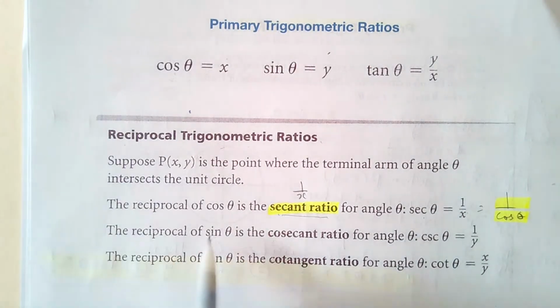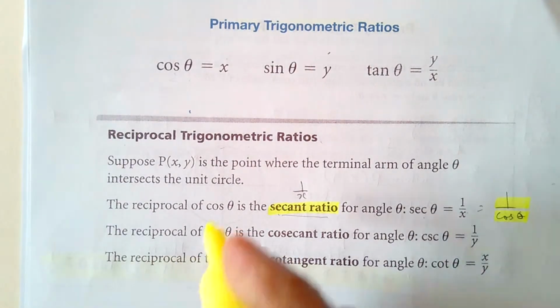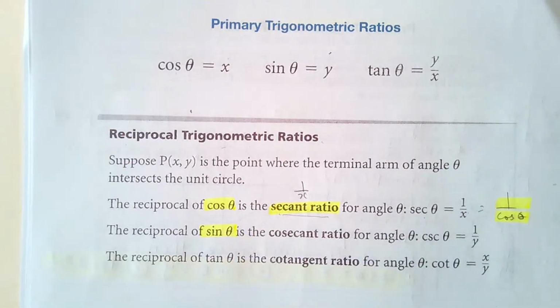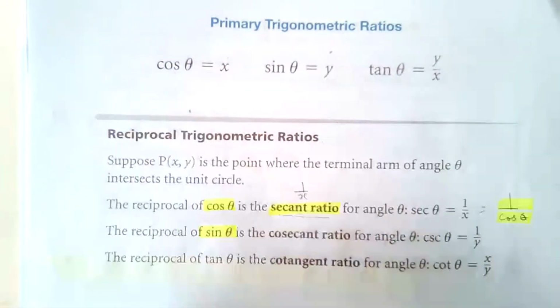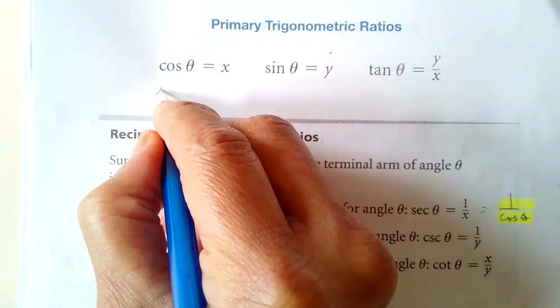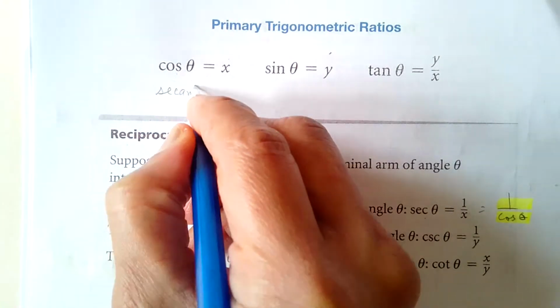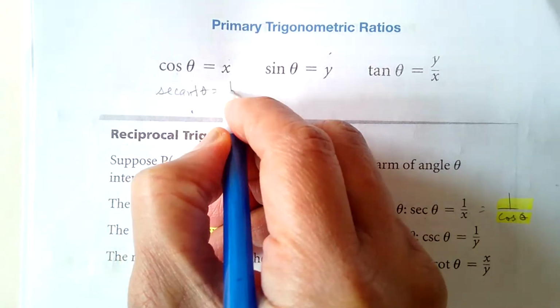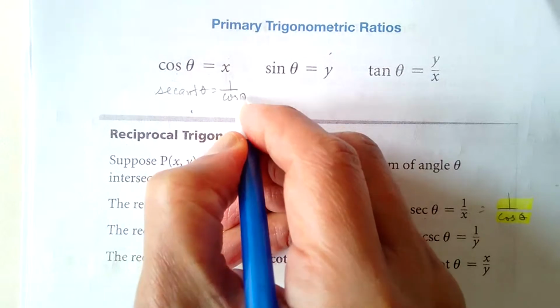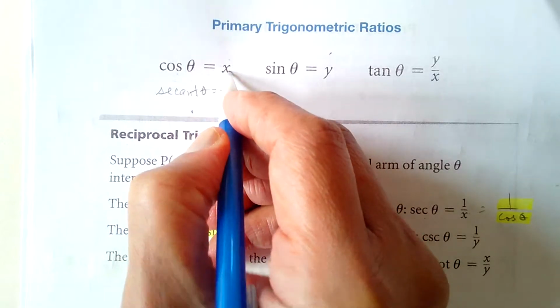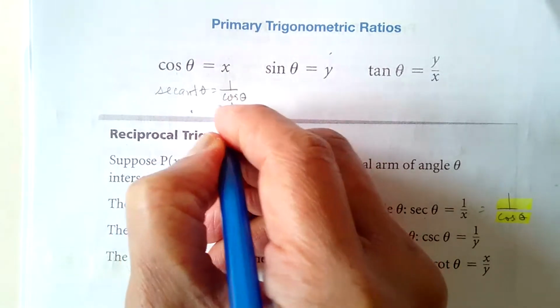Cosecant is the reciprocal of sine. So here we have secant is 1 over cos theta. Since cos is equal to x, it is 1 over x.